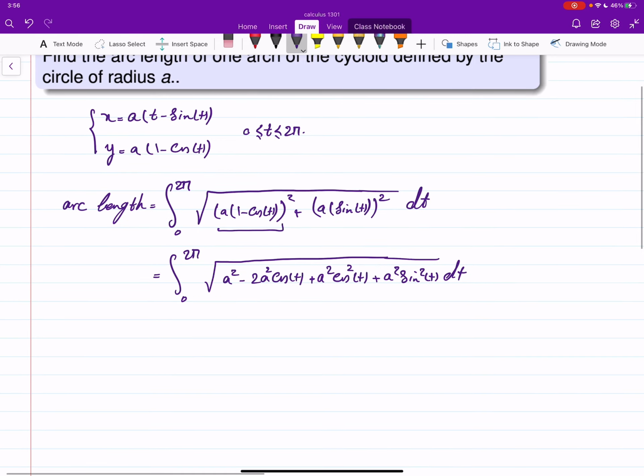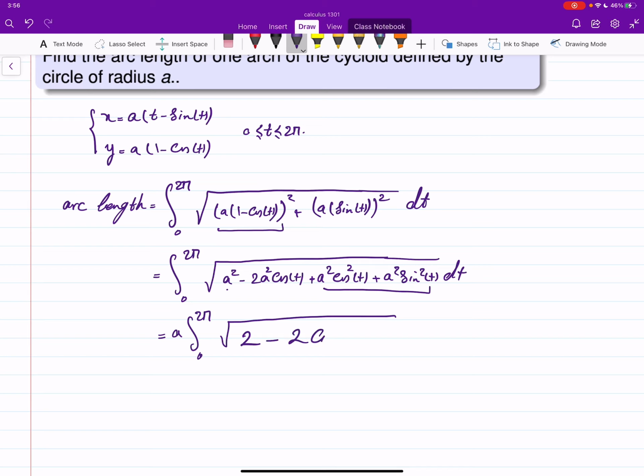Here I can factor out a squared and it will come out as a when I take it out of the square root. Then cosine squared plus sine squared will give me 1. There's a 1 there also. This will be 2 minus 2 cosine t dt.